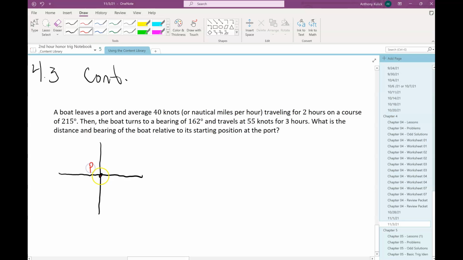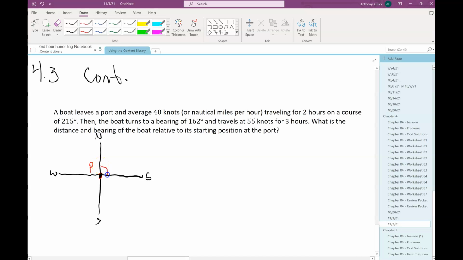So let's say that here's the start. Our ship is at the port. I'm going to place the port at the origin. And the ship here is going to go at a heading of 215 degrees.